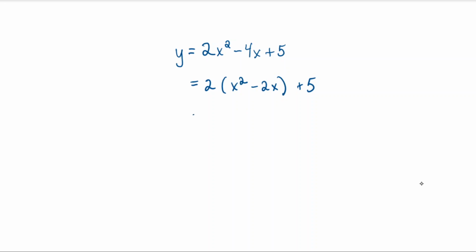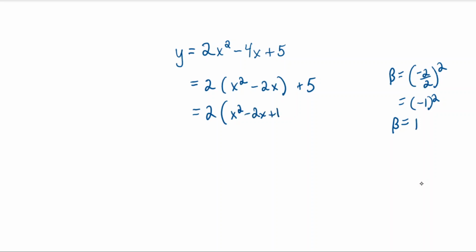Now, using our complete the square technique inside the bracket here, we're going to take this -2, and square it, which gives us a -1 squared, which means my zero pair, I'm going to be adding 1, subtracting 1. So x squared minus 2x plus 1 minus 1 plus the 5.